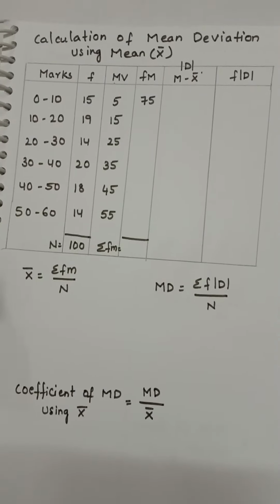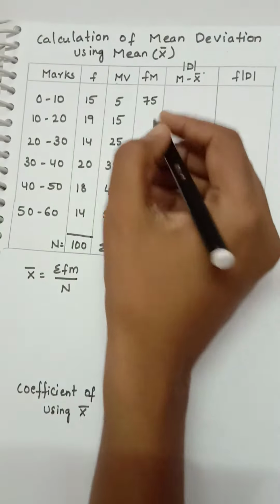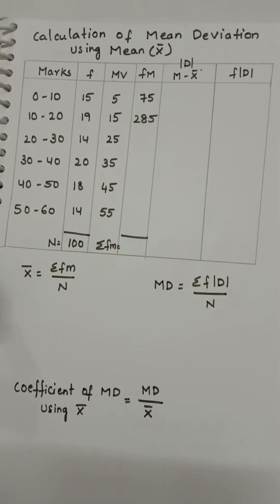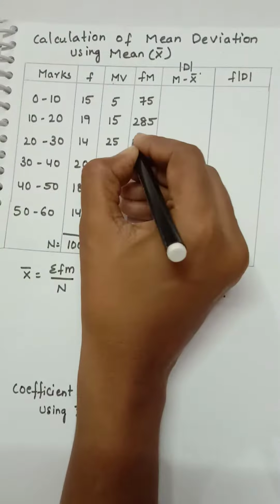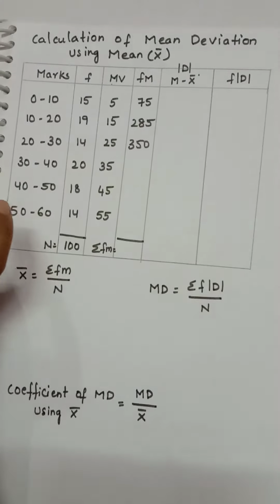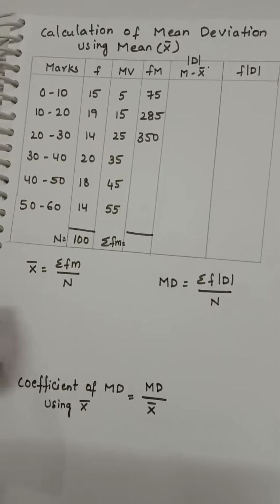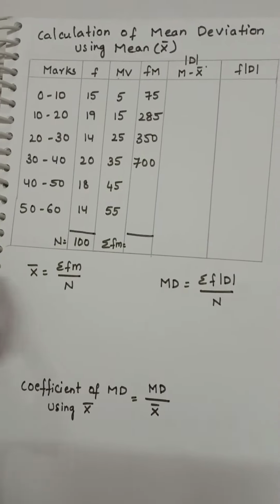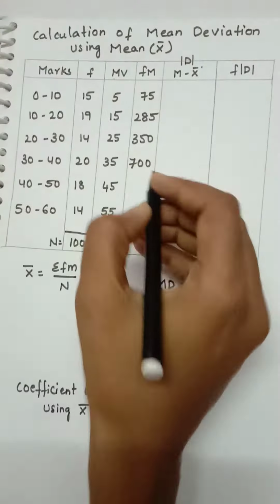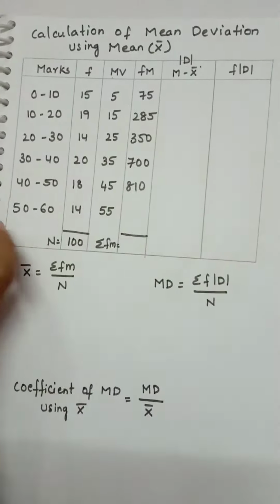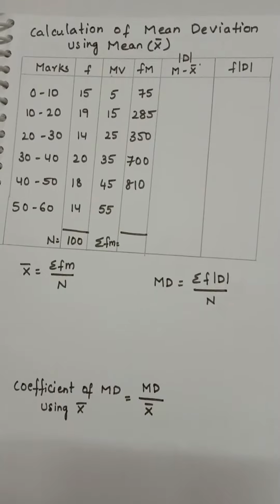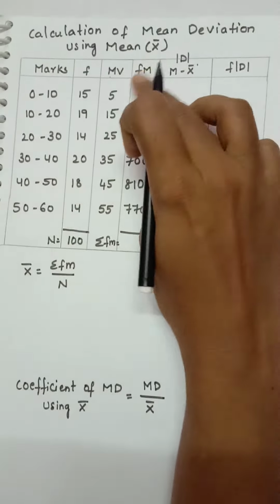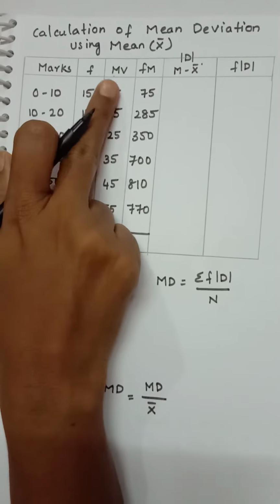Next 19 into 15 is 285. 14 into 25 is 350. 20 into 35 is 700. 18 into 45 is 810. 14 into 55 is 770. So FM means frequency into mid value.